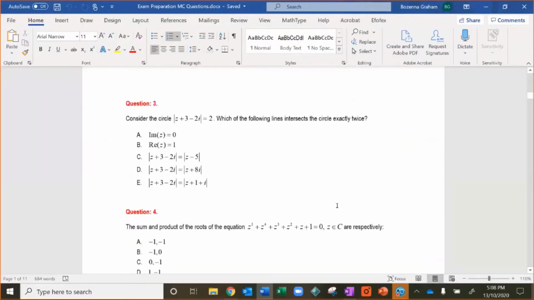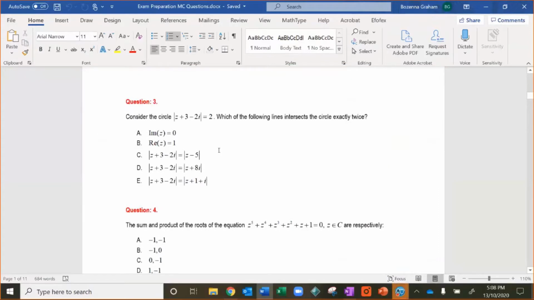Moving to question 3. Consider the circle in the complex plane or Argand diagram. Which of the following lines intersect the circle exactly twice? So if we try to do it by hand, it is a fair bit of work. So we'll try to do this question in a similar way as we did the previous question.